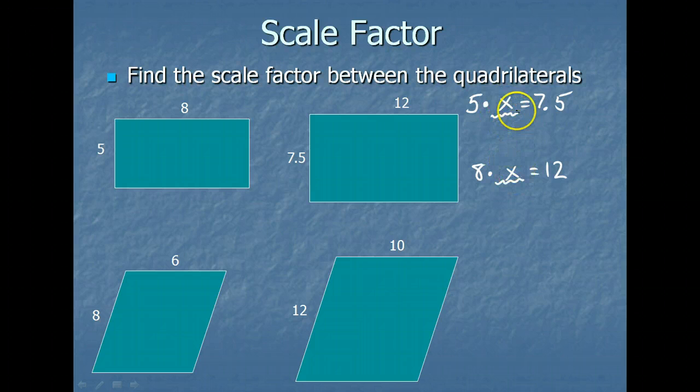Now I have two equations where I can solve for x in both of these equations. To solve for x here, I need to divide by 5. And I started with a decimal, so a decimal is all right for this answer.